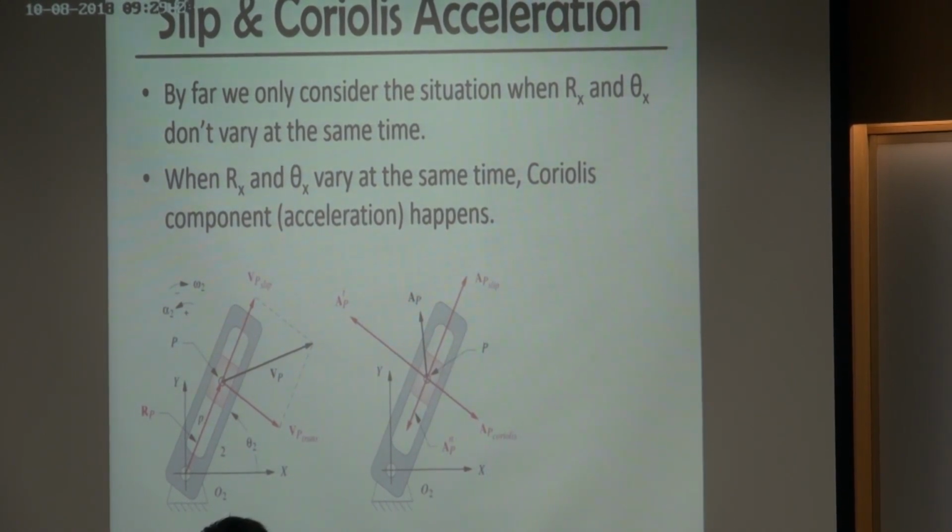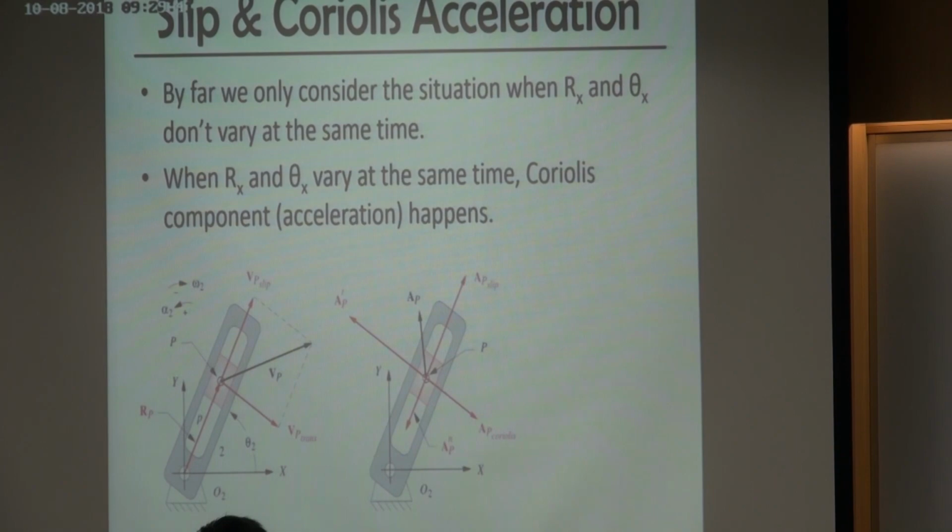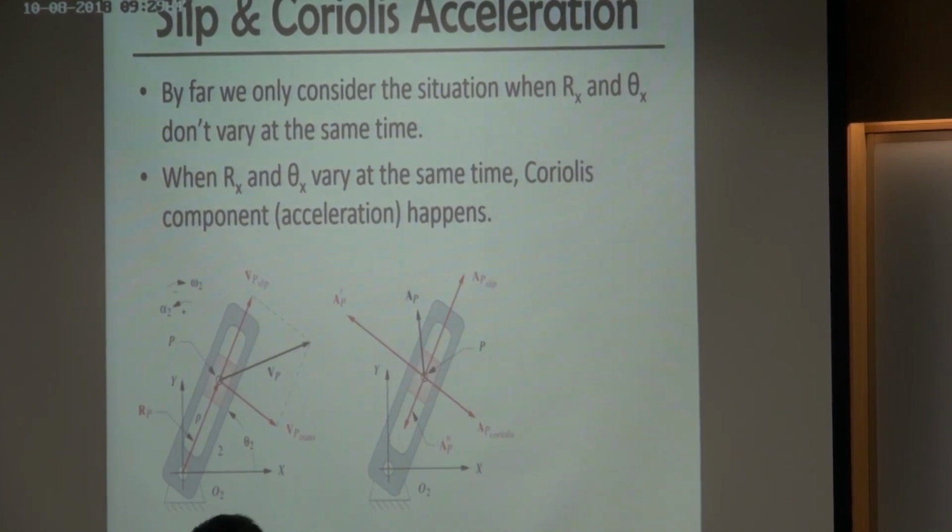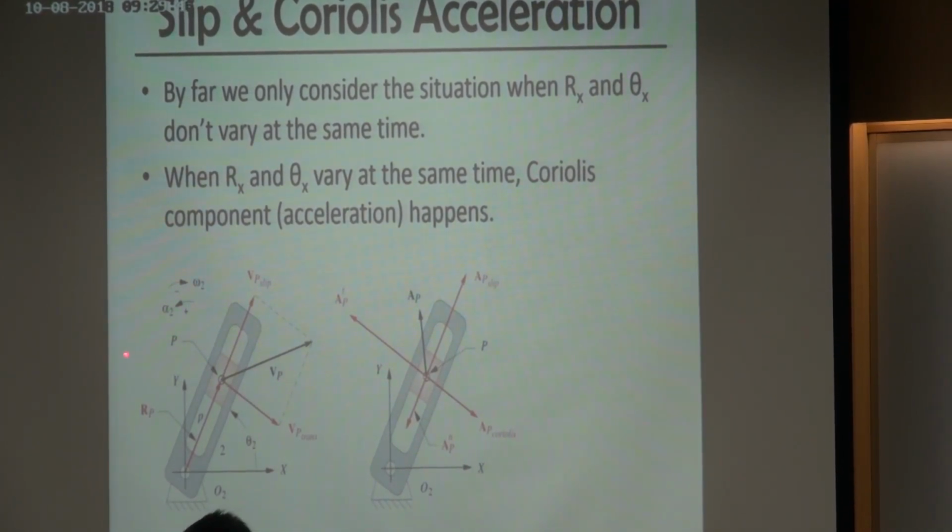But this bar can also rotate, so the angle will also change. So it's possible that both the length and the direction change as well. This will be a more complicated case. If we want to consider velocity, the velocity may have a component in this OP direction and also a component in the tangent direction. So it may have two components, a normal component and a tangent component.